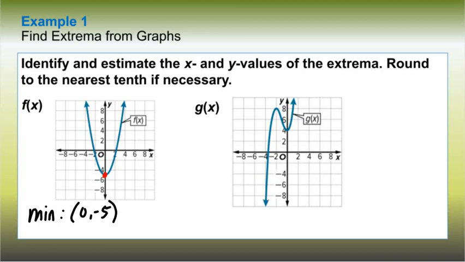Letter G, for g of x, we have a minimum here. And actually, that's a relative minimum. The reason for this to be a relative minimum is because it does go lower later on. It just means this is a low point. This would be 0, 4. And then we have a relative max.